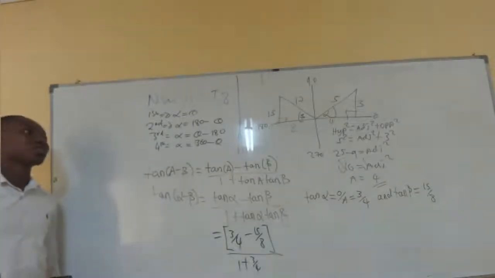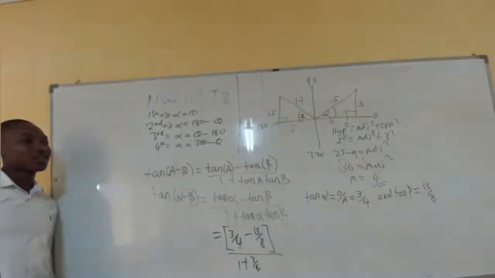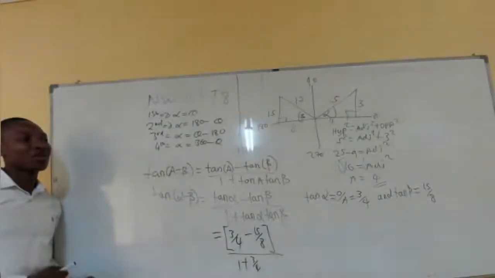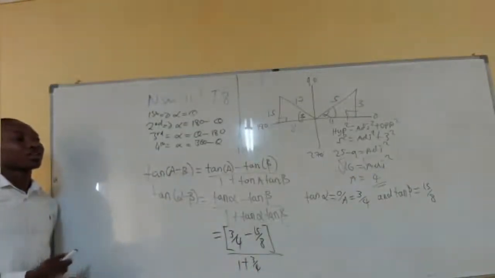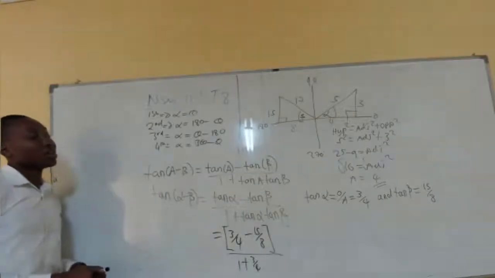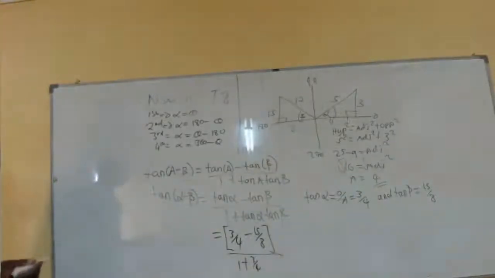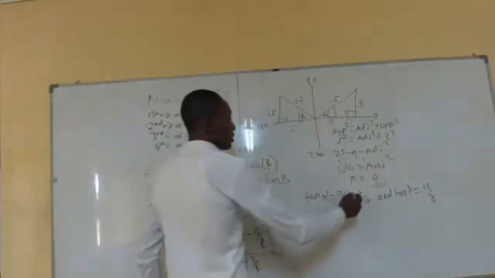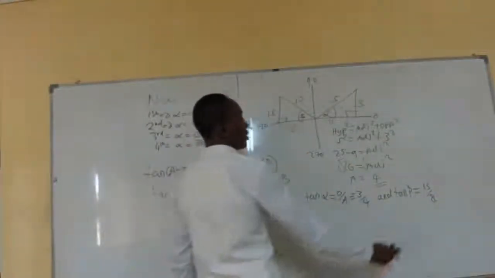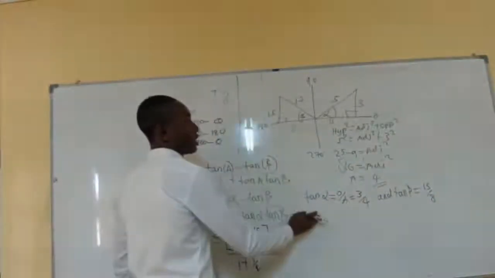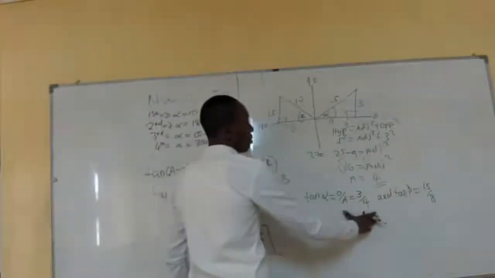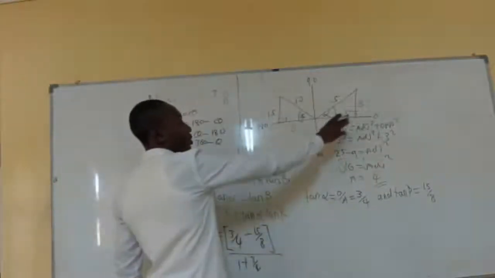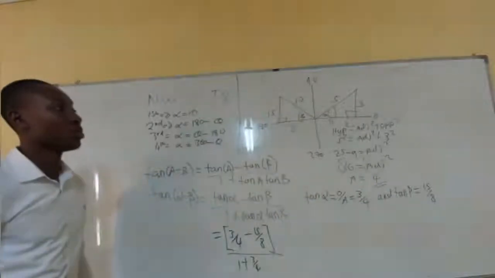Ladies and gentlemen, before I get to the final answer, note that these figures are not all going to be positive. Tan beta is opposite over adjacent, so it's supposed to be negative, because we're in the second quadrant where tan is negative. In the first quadrant all are positive, so tan alpha will be positive.